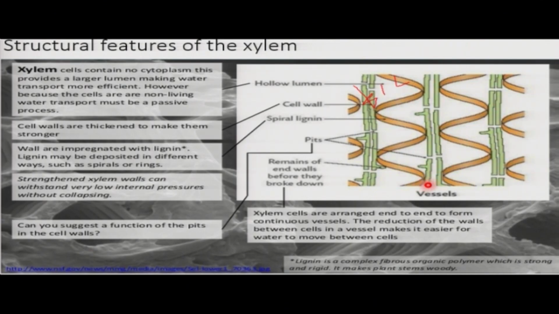So the walls broke down, creating space, creating a lumen, allowing a continuous flow. Like a water pipe that has a hole inside and there's nothing to stop this water from flowing.